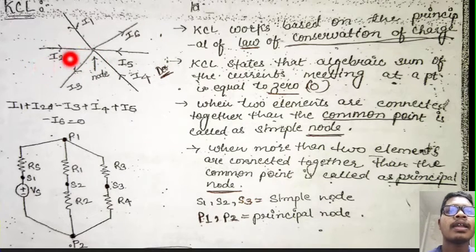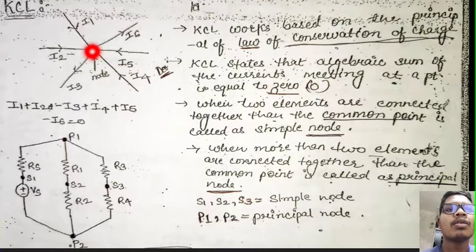Here currents I1, I2, I3, I4, I5 and I6 are given. The I1 current is inward, I2 is inward, I3 is outward, I4 is inward, I5 is also inward and I6 is also outward.